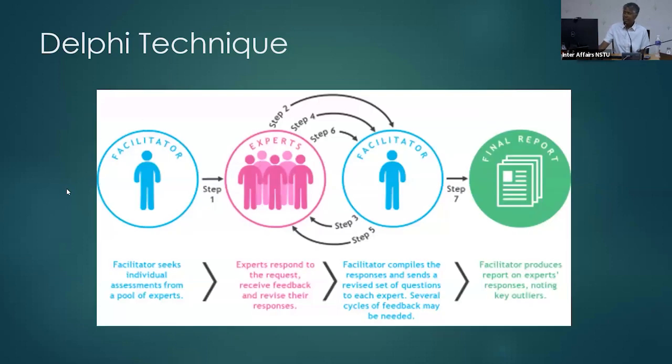So it is what we call an iterative process, which means that it uses multiple steps that circle back to the same people to get a final result. So the first thing that you do is gather a pool of experts who will be providing feedback. You develop a systematic questionnaire that allows them to answer the question that you have.